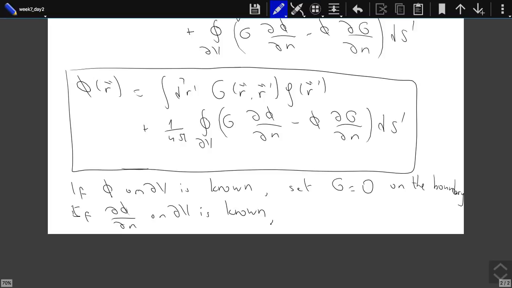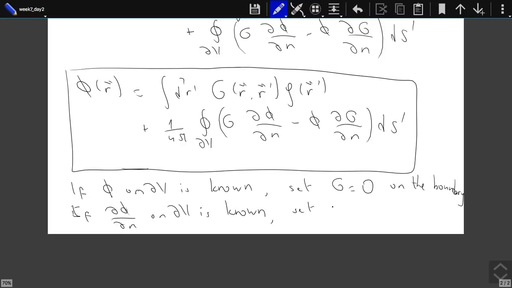So if I just shift my phi by a constant, nothing actually changes. Both the boundary condition and the Poisson equation are still satisfied. So if only the derivative of phi is given, we can determine phi only up to a constant. For us it is not physical, so we don't really care about this ambiguity.